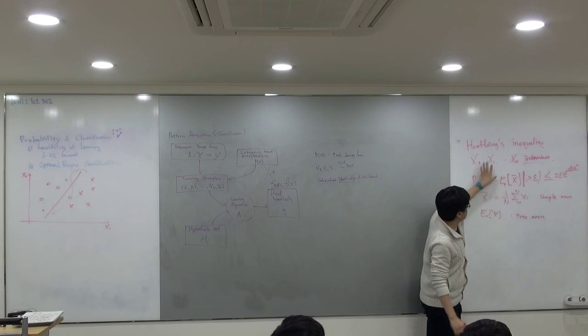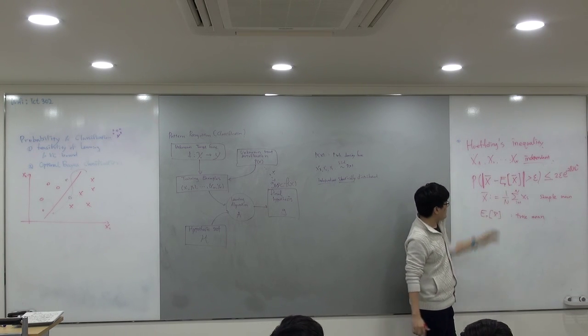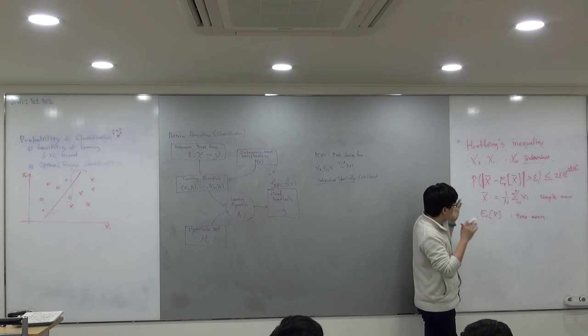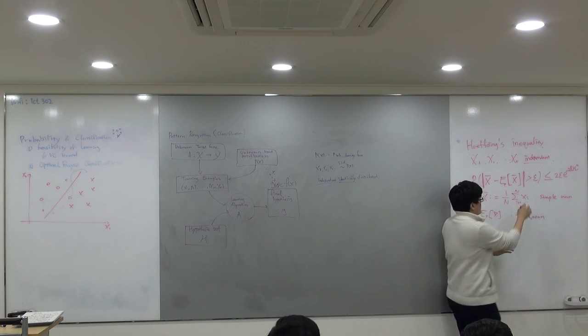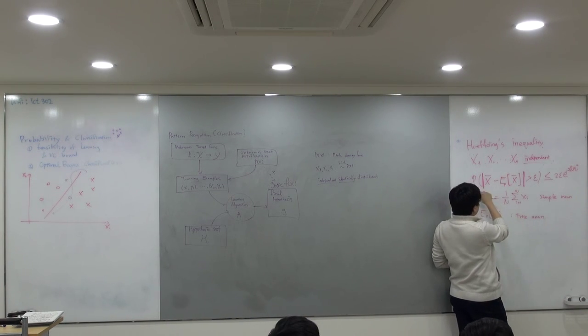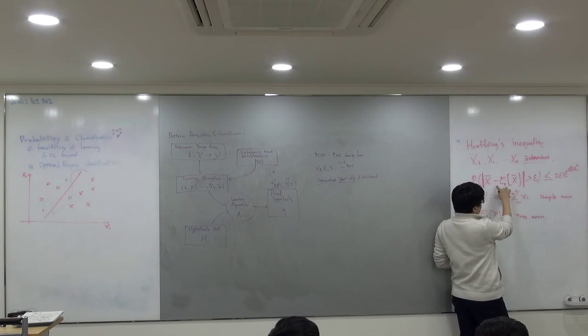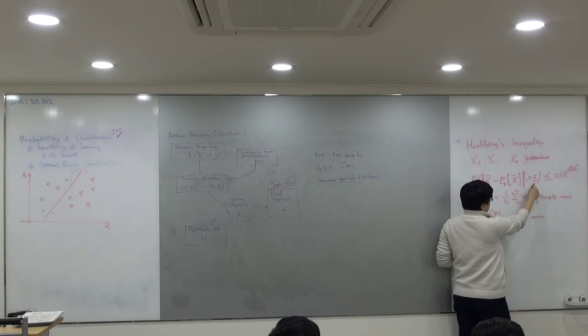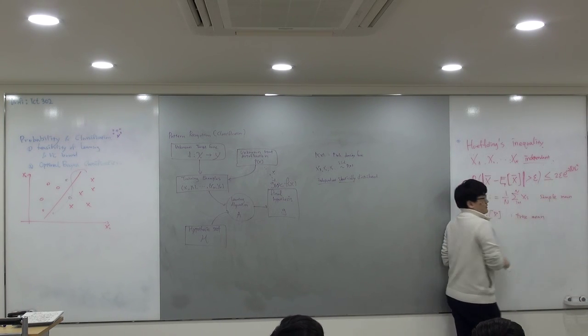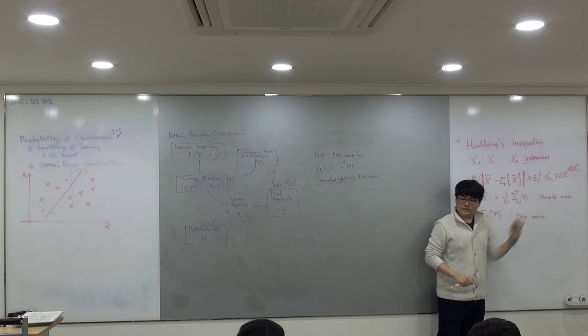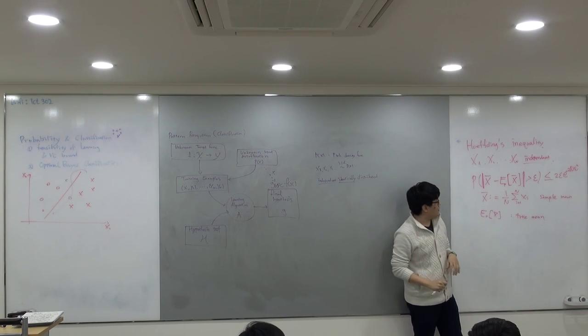So this value is not that big, because the probability of getting this one bigger than epsilon is exponentially smaller than this value. Agree?